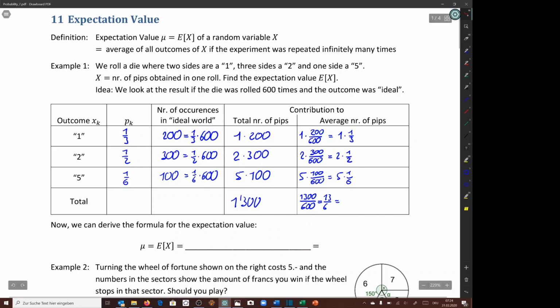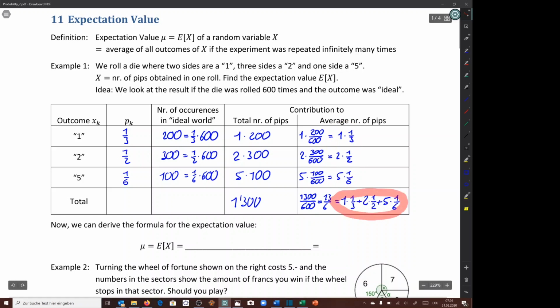And outcome 5 contributes 5 in 100 out of 600 times, so 5 times 100 divided by 600, or 5 times 1/6. And we get the average as the sum of these three numbers.